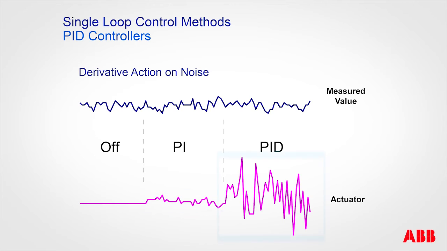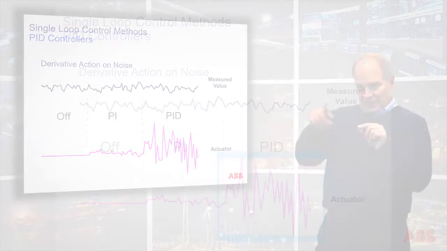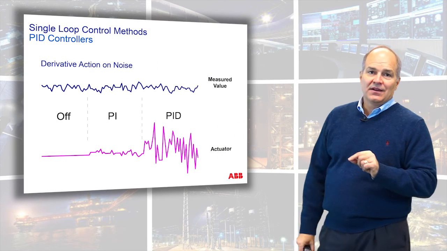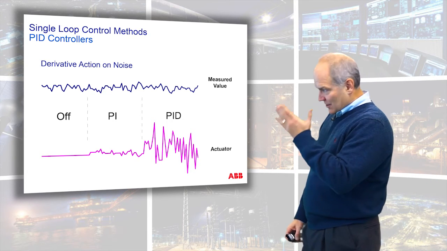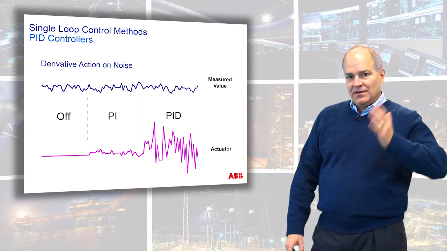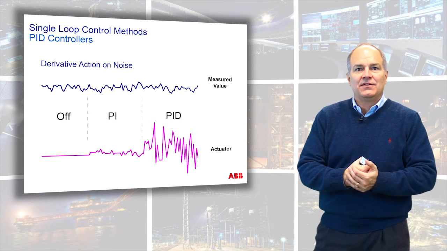So now you throw derivative on. Look what happened. Derivative starts jerking around the output because I got a lot of noise. Remember, it's predicting in the future where you're going to be. So every little change, this would say the derivative value is too high. I just want to point out that when you use derivative, people say, well, I need that derivative kick.